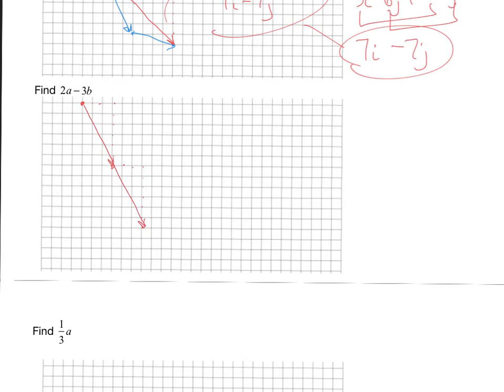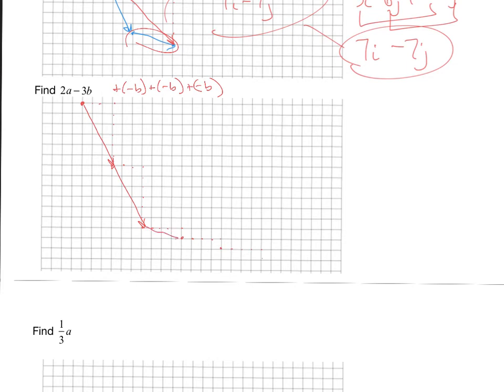And then instead of subtracting 3 B's, well, it's not really subtracting 3 B's. What it is, it's adding negative B 3 times. All right, and I know from the last problem what negative B looks like. So that means I need to go over 4, 1, 2, 3, 4, and down 1, over 4, down 1, over 4, down 1.